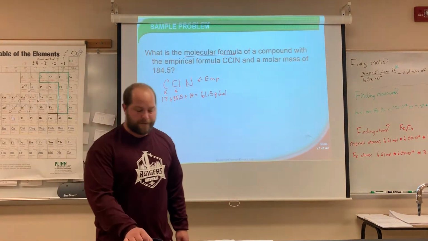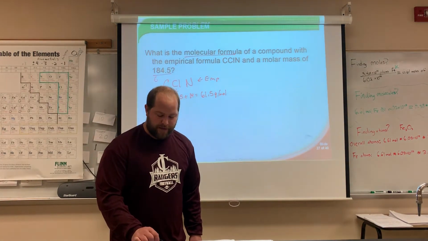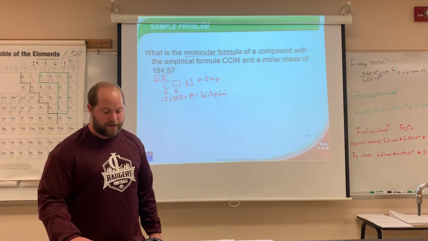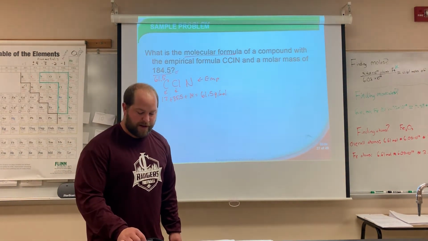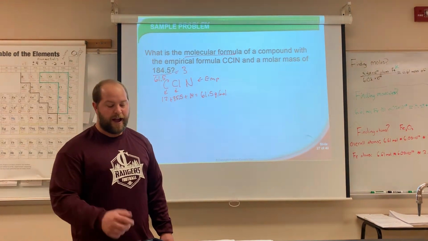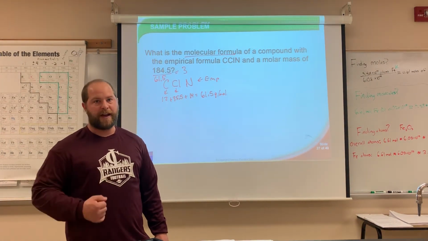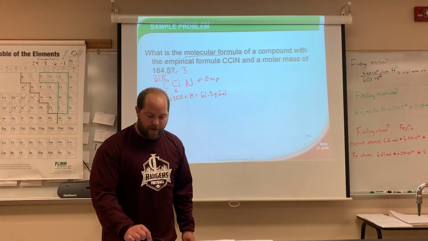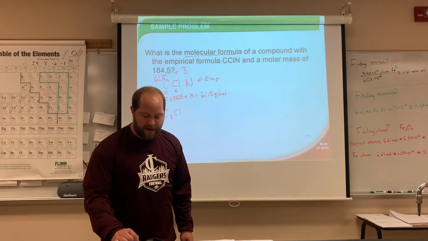What you can do is then divide it by the molar mass of the real formula, and you're going to see that it is about 3. So that means that the actual formula is going to be 3 times larger than the empirical. So then the actual formula is going to be C3Cl3N3.